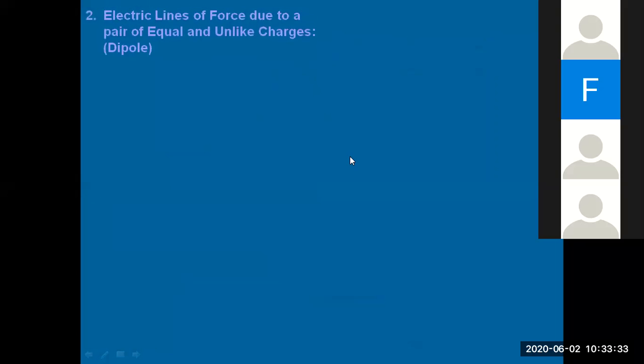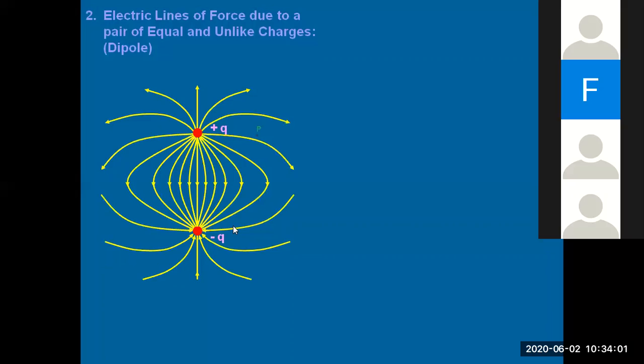So today we will just see what an electric dipole is. Dipole, I told you, is 2 equal and unlike charges. Equal means the magnitude should be the same, Q and Q. When I talk about unlike, the charges should be different. One should be positive, the other negative. So 2 equal and unlike charges, we call a dipole. How to draw electric field lines for that?